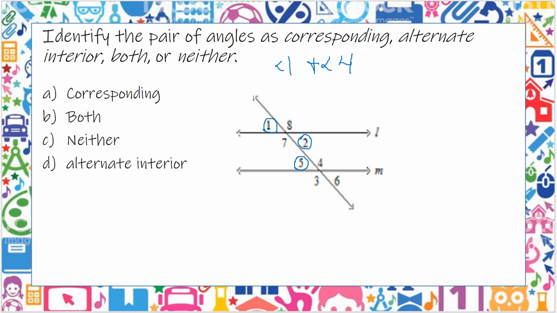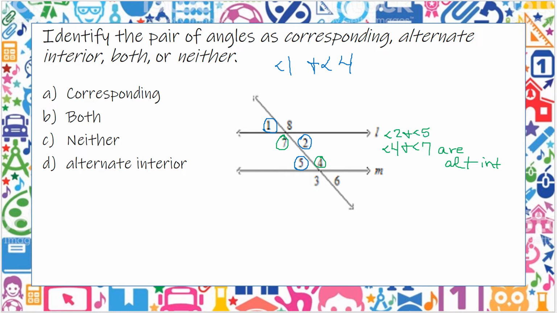With that being said, angle 7 and 4 are alternate interior. And then that was also 2 and 5.